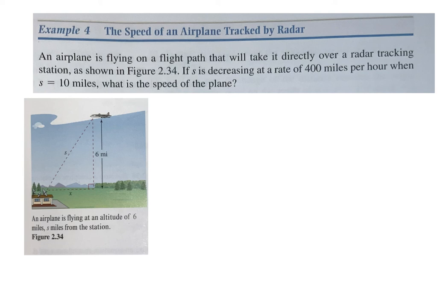They also said that we know for a fact we're going to figure this out when S is 10. So we can actually also figure out what x is when S is 10, right? And so we do that with the Pythagorean theorem. We can say, well, we have a squared, which we don't know, plus b squared, which we do know, equals c squared.